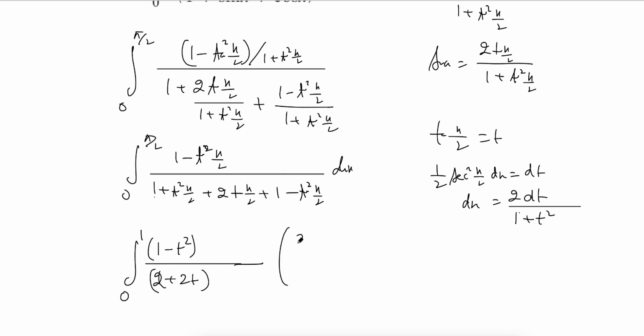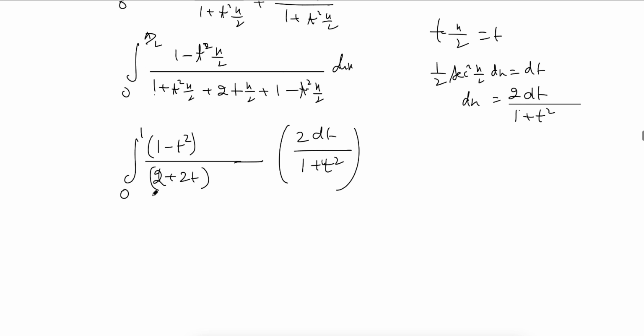And dx will become 2 dt divided by 1 plus t square. I hope everybody understood. 2 common. And that 2 and this 2 will get cancelled. 0 to 1. 1 plus t will be left, and this can be written as (1 minus t) into (1 plus t). 1 plus t also will get cancelled. We get (1 minus t) divided by 1 plus t square. Now the question is over.